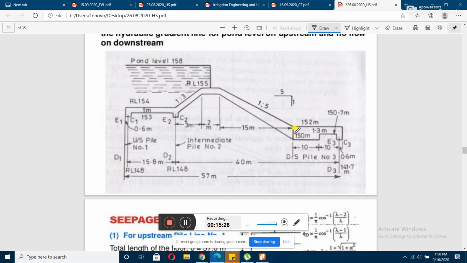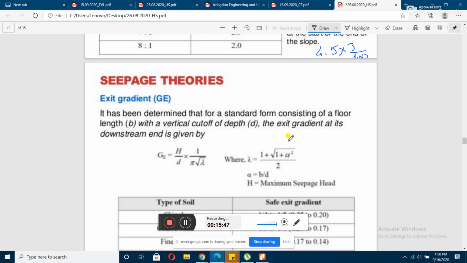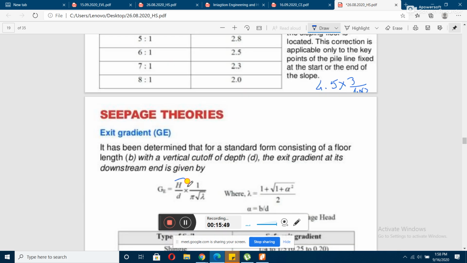The maximum here will be the pond level, the reduced level of which is 158, okay. So the maximum difference will be this particular height. That is your capital H value divided by d. So this is your exit gradient value.